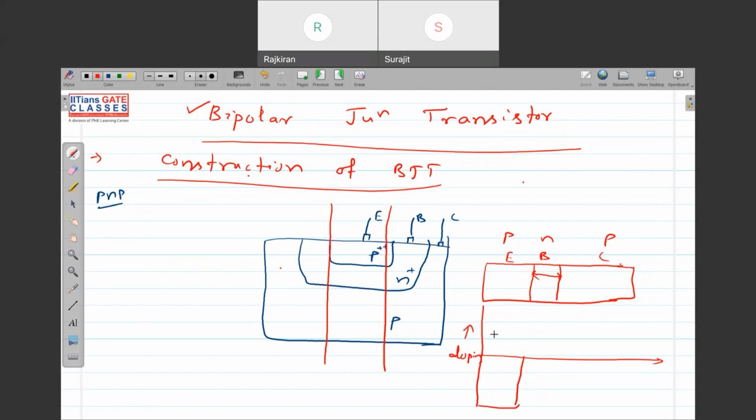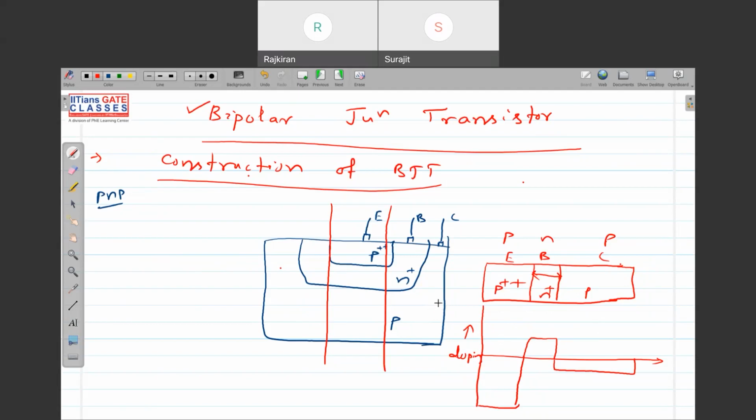Then the base will be N type, so it will be a little less. Then the collector is lightly doped. This is not to scale, just to show how it is doped. It is P plus plus, N plus, and this is P. Fine, Rajat?